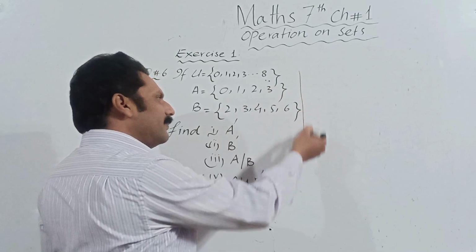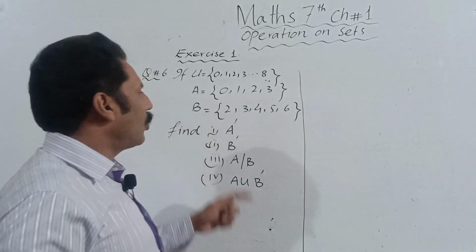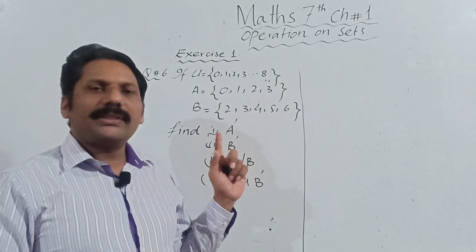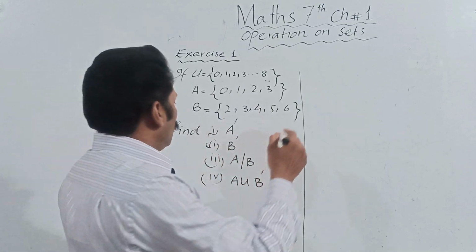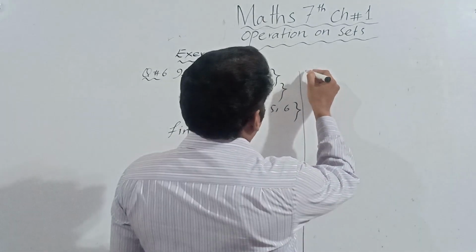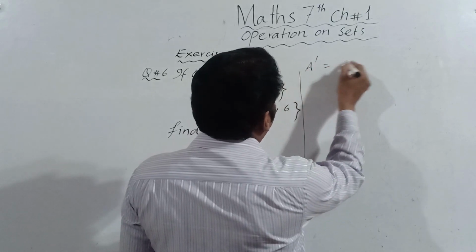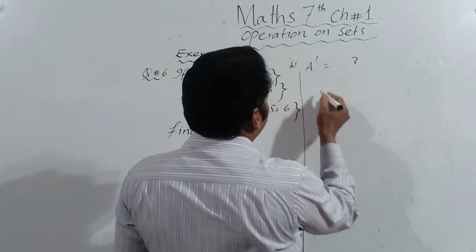Universal set is also given, because if we want to find the complement of any set, then universal set should be there. Okay, so if we want to find A complement, for the first part, what will we do?